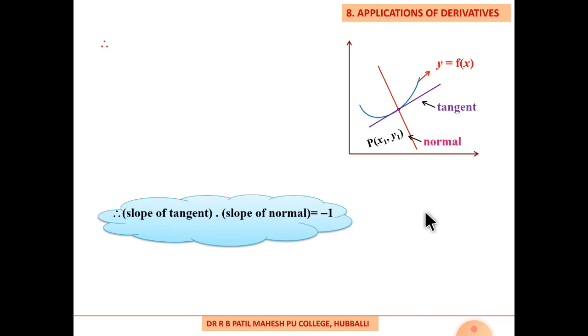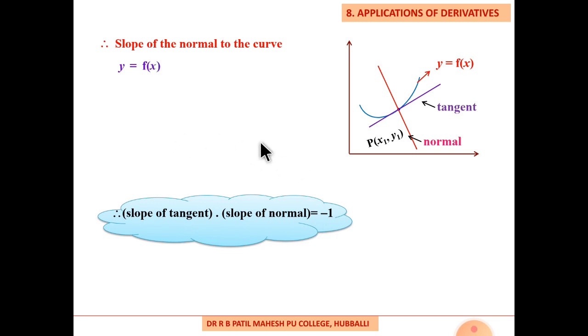Next, the slope of the normal to the curve. The slope of the normal is the reciprocal with opposite sign, because the product of the slope of the tangent and the slope of the normal equals minus 1, that is m1 into mt equal to minus 1.